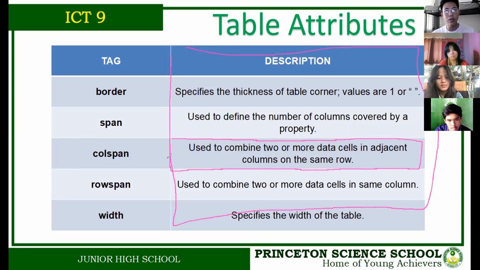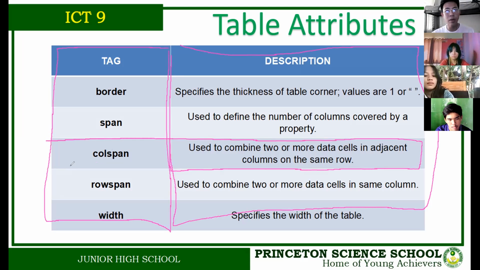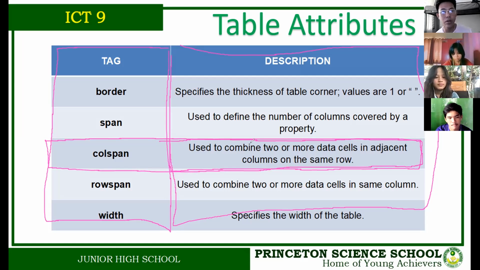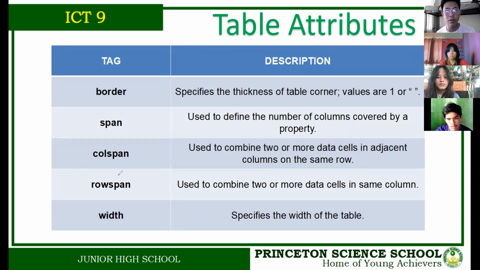This is another column. So if we add a col span, it will consume another column adjacent to the same row. Okay, so in short, it will consume the next box beside. Okay, so that is how we are using the col span.